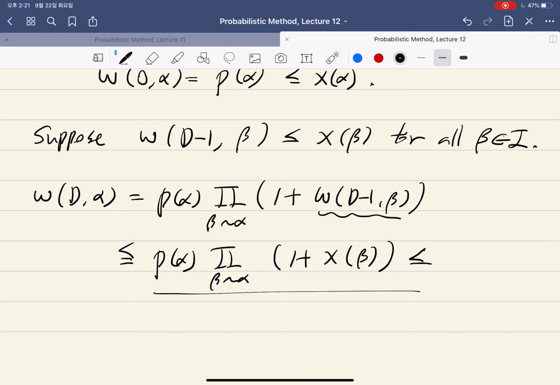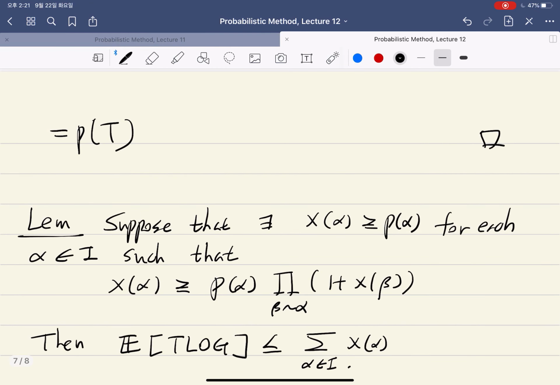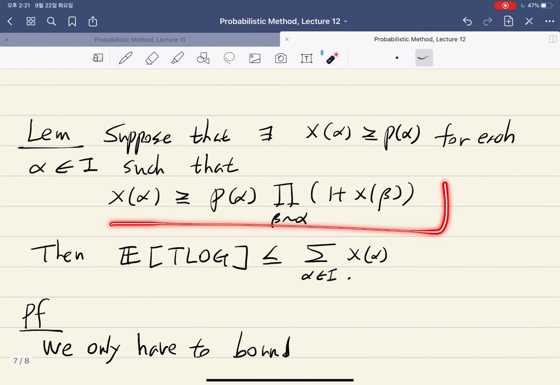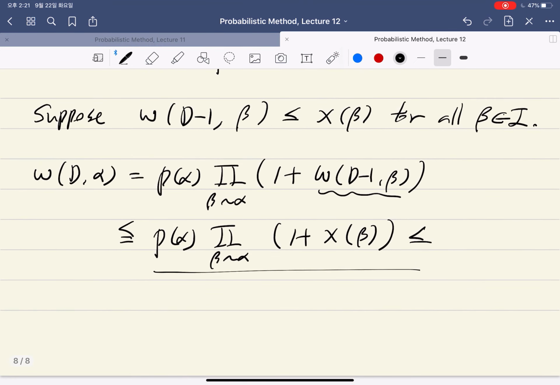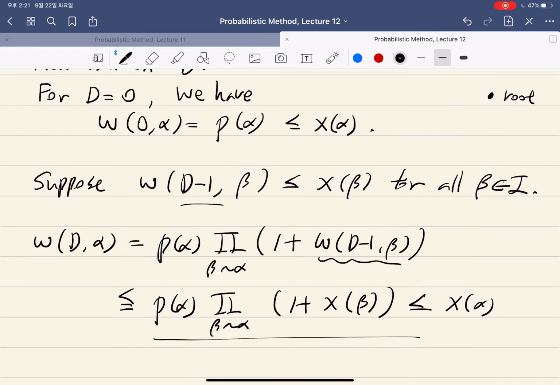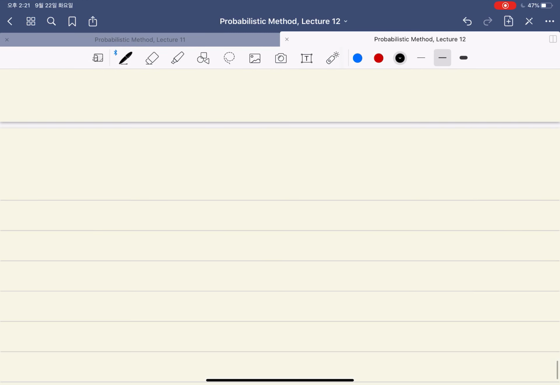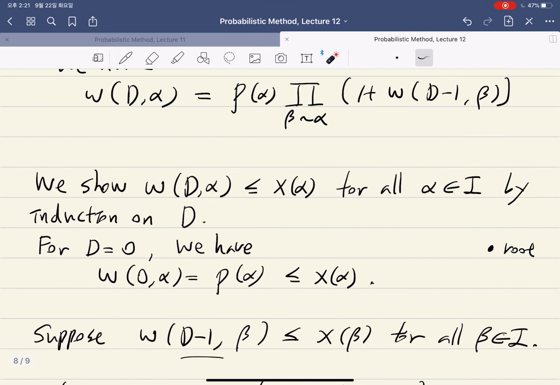But how large is this? Because of this assumption, we know that it's at most x of alpha. So induction holds. If it holds for d minus 1, it also holds for d. So we prove this claim.